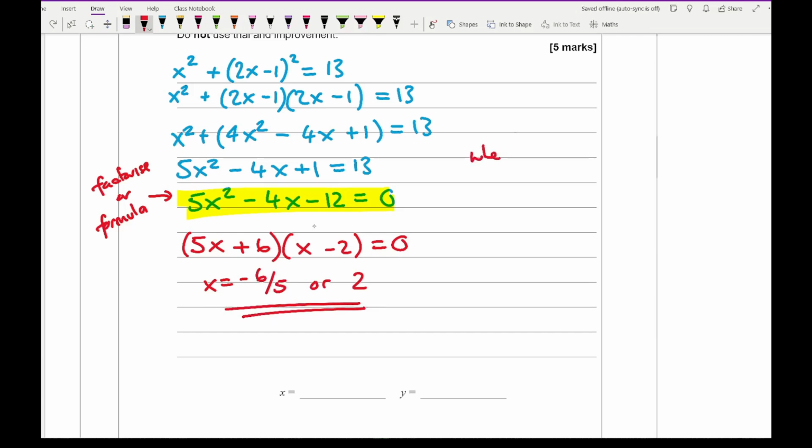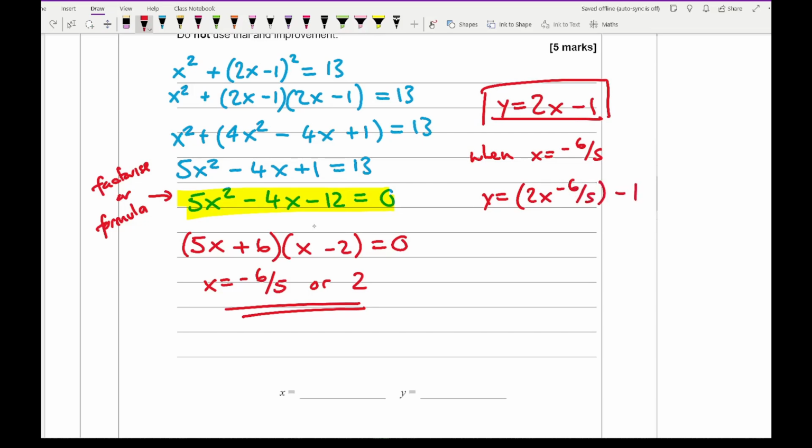So when x equals minus 6 over 5, then again what I'm going to be using is the linear equation of y equals 2x minus 1. So y equals 2 times minus 6 over 5 minus 1, which gives me a y value of minus 17 over 5.